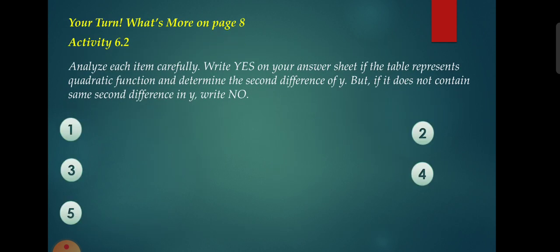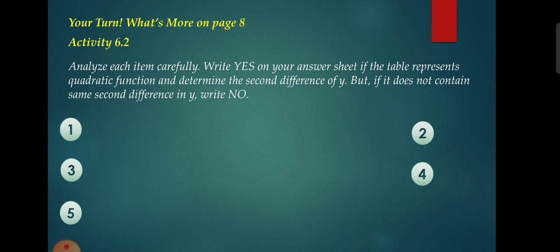So for your activity on page 8, activity 6.2, we will analyze each item carefully. Write yes on your answer sheet if the table represents quadratic function and determine the second difference of y. So ang process nga gipakita ganina, pag-subtract no from right to left, sa first difference o second difference, inatuon yung pagbuhat.